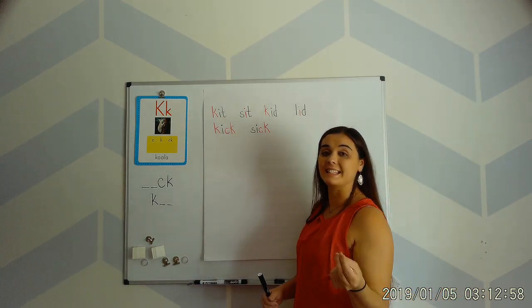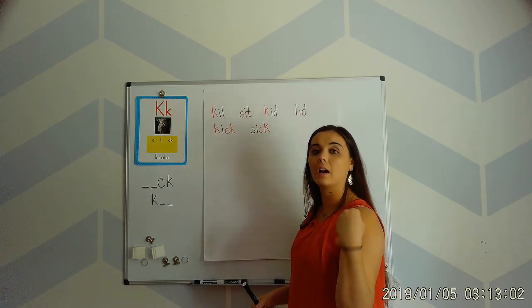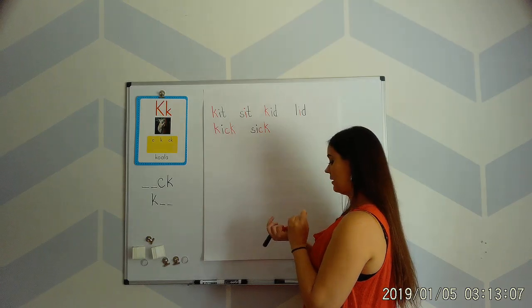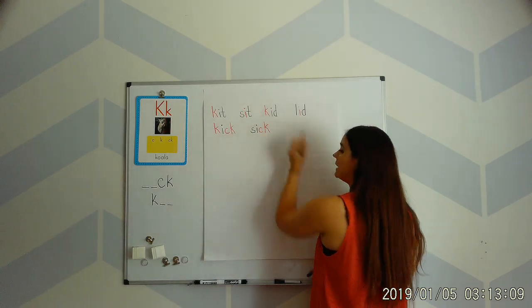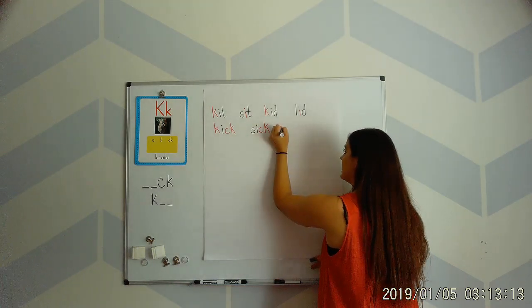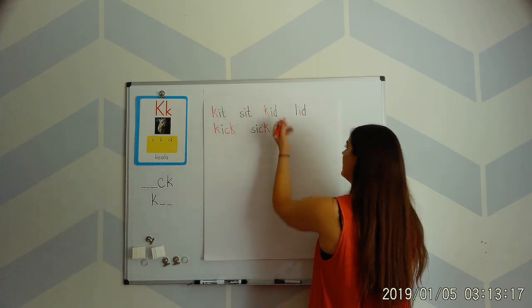Next word, sack. Your turn. S, a, k, sack. So this is like a bag. So what do you hear at the beginning? What letter is that? S. Yeah, S says s. And then a.